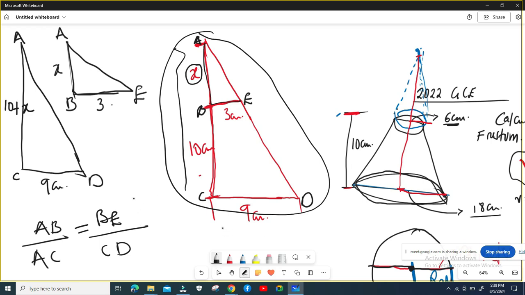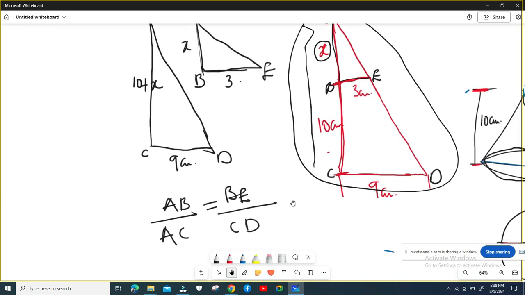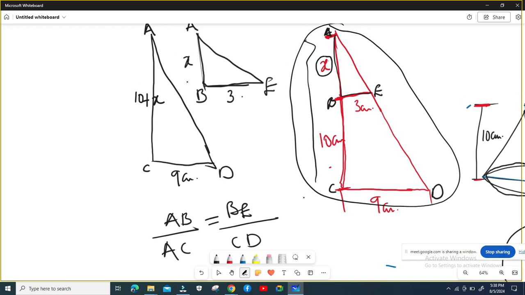So let me move my body aside so that we can make some substitution. AB is x. So we say x over AC, which is 10 plus x, is equal to BE, which is 3, over CD, which is 9.